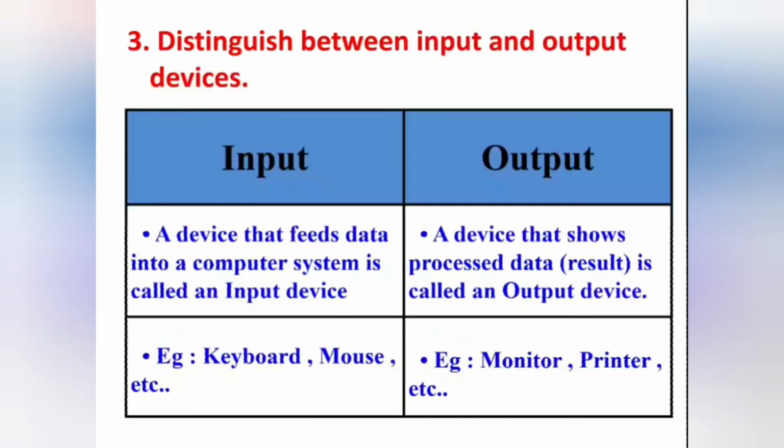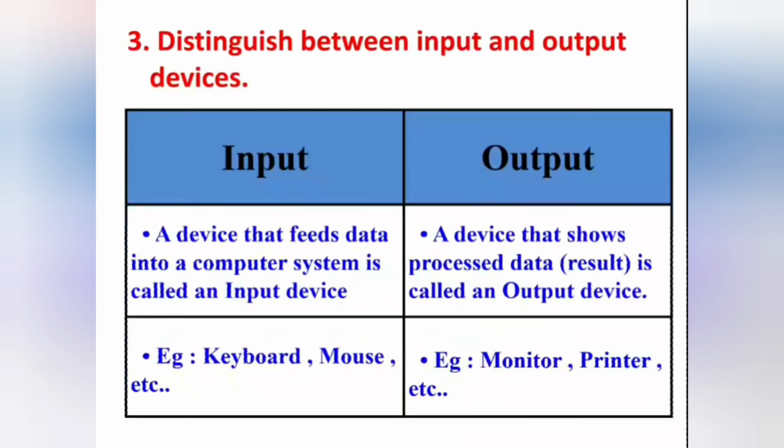Third question is, distinguish between the input and output devices. That is, write the difference between the input and output devices. Input devices. A device that feeds the data into a computer system is called an input device.